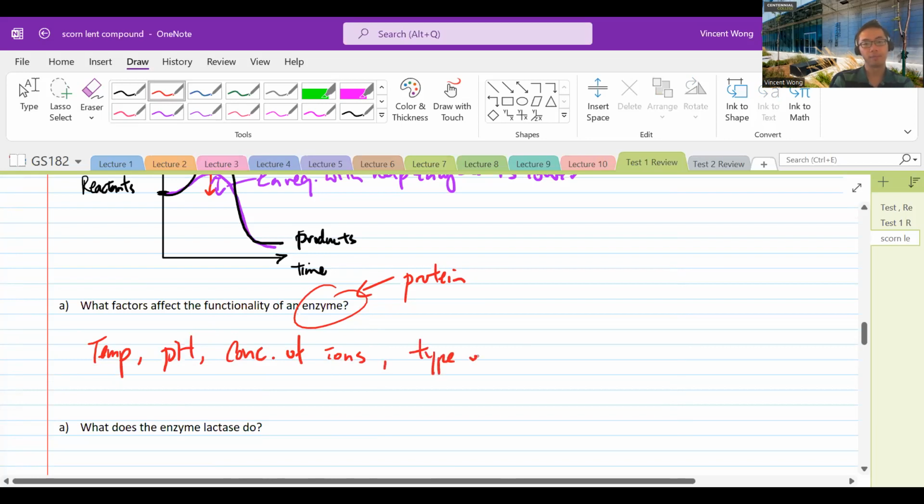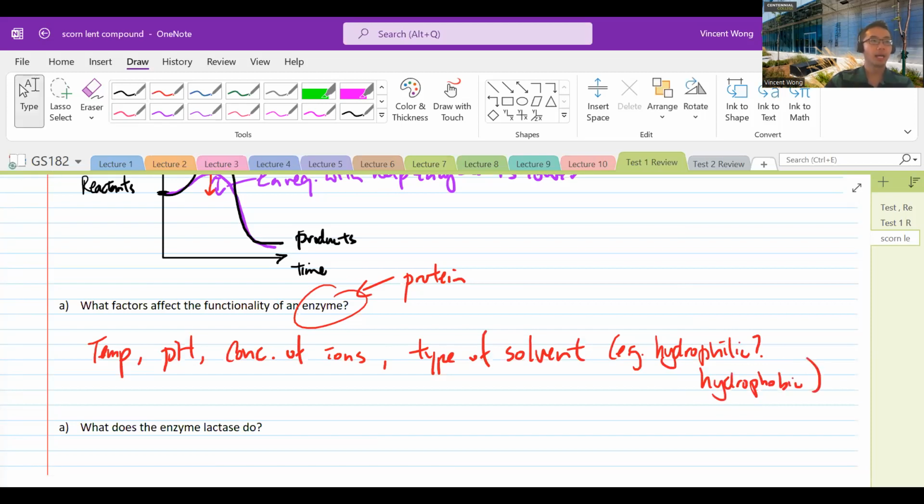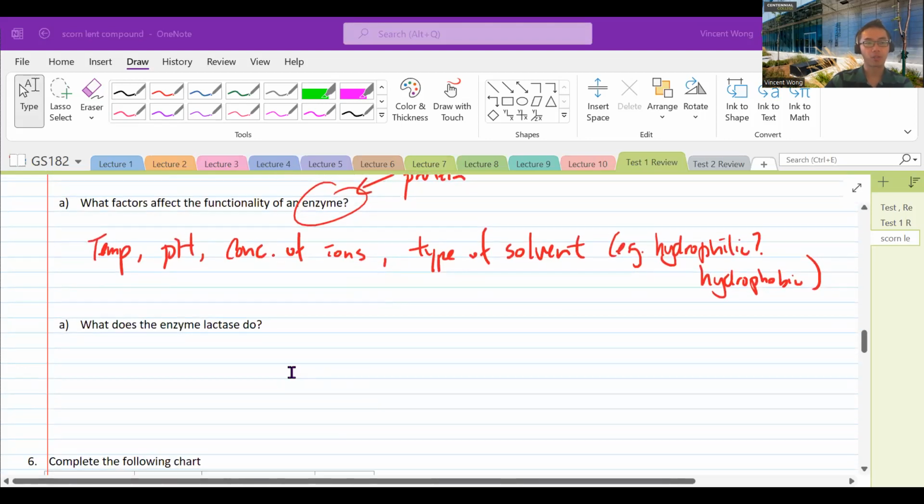Types of solvent: what is it dissolved in? Is it hydrophobic or hydrophilic? If you put a protein in a hydrophobic environment, it will flip inside out, and of course it won't work anymore. Very good. Something like this could be a multi-select question. You can imagine how that goes.